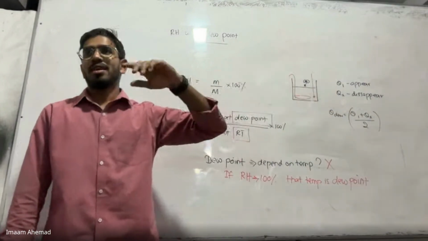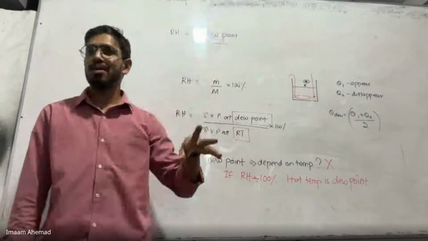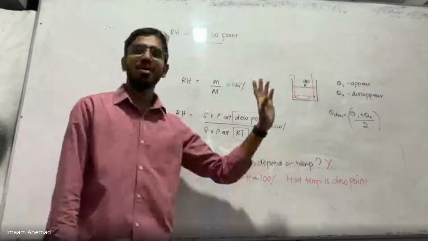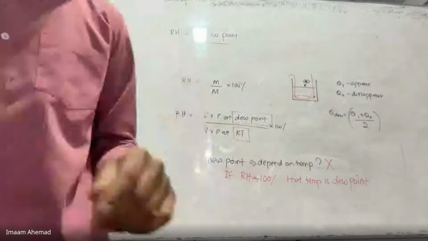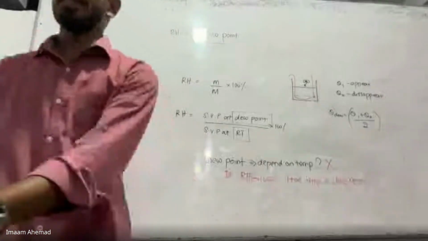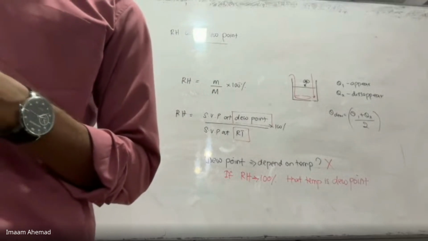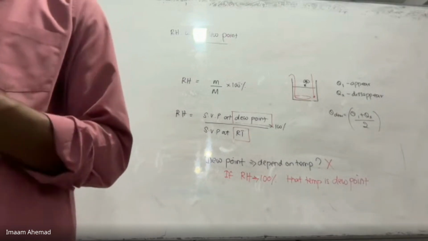So it can be above room temperature, below room temperature, or at room temperature. So it does not depend on the temperature. In this case, when we exhale, the dew point is higher than the room temperature. Therefore, it will form dew on that glass surface or the metal surface.